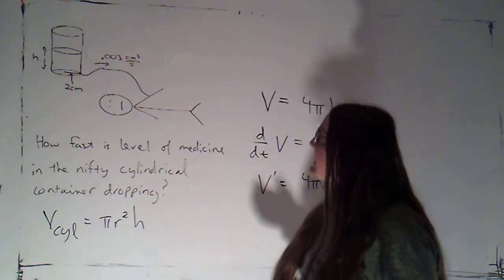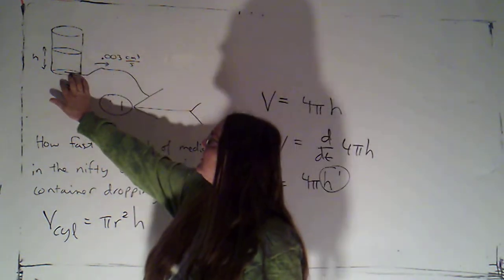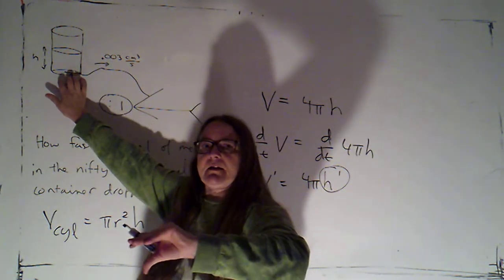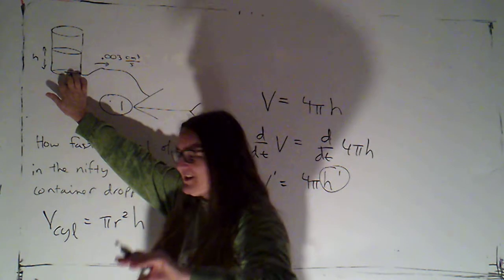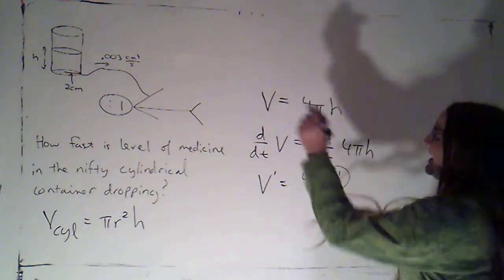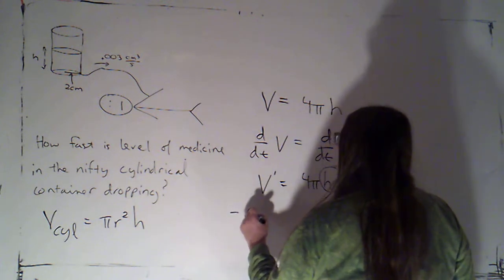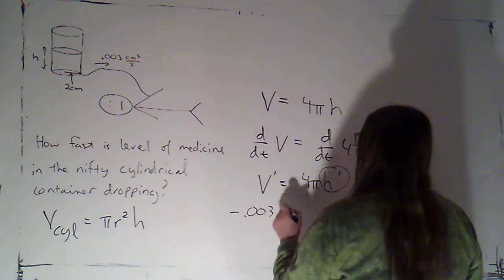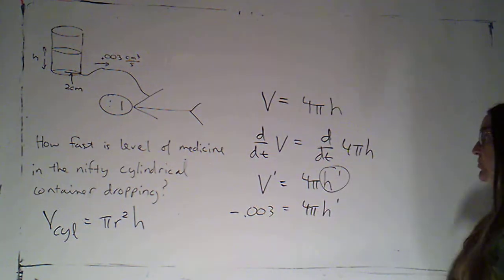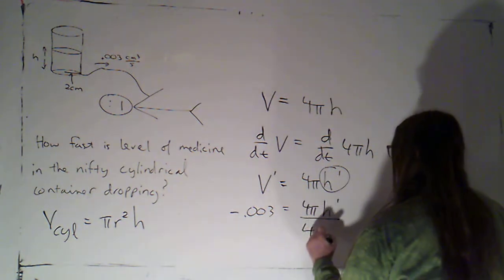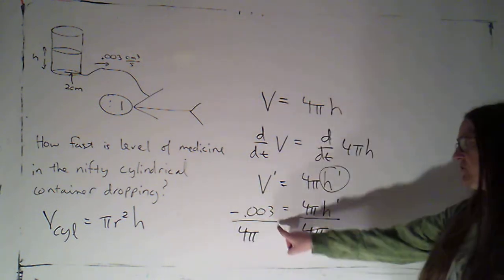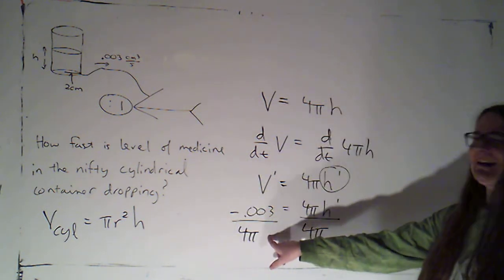Okay. Is the volume of medication in this cylinder increasing or decreasing? It would be decreasing because some of the medication is flowing into Harold. Okay, so V prime is negative 0.003, and that's going to equal 4 pi times H prime. So let's just divide by 4 pi. Now, I do not want to mix fractions and decimals.